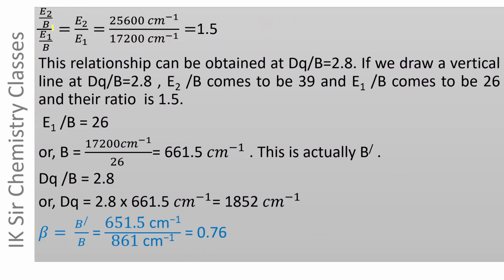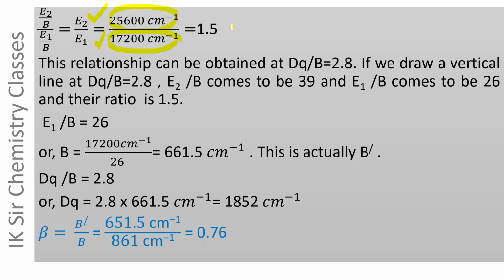E2 by B divided by E1 by B: B will be cancelled out, and it will be equal to E2 by E1. The energy required for the second transition is 25,600 cm inverse and for the first transition is 17,200 cm inverse.